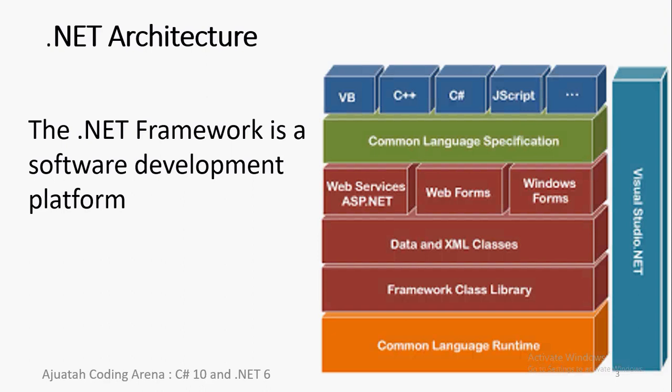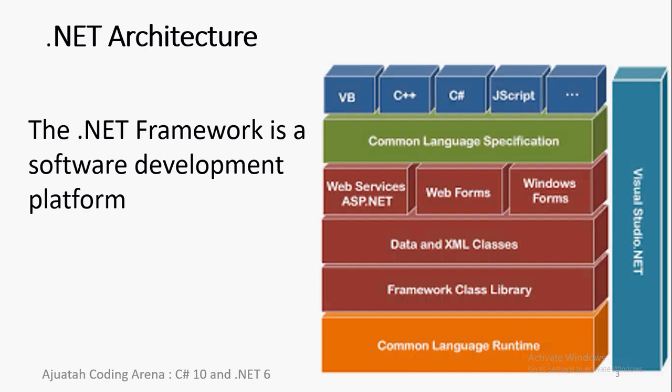VB stands for Visual Basic, C++, C#, JavaScript, F#, and a whole lot of other things. So that's the first layer. It therefore means that the .NET framework is an environment that helps us develop our applications using different programming languages.